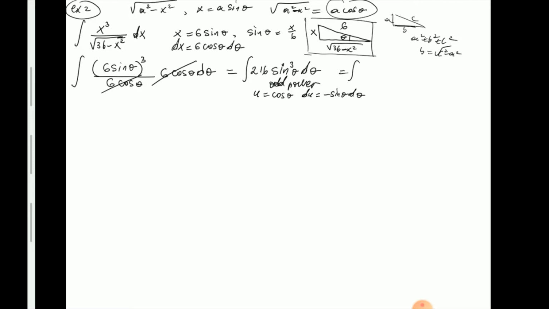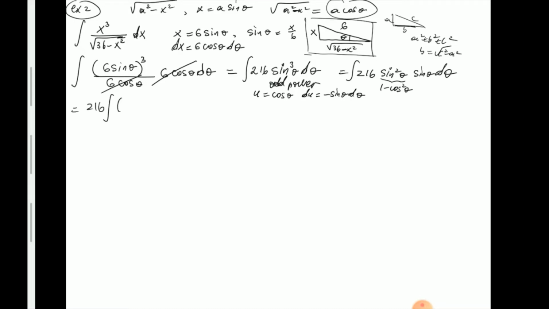So again, go back to the previous section if necessary. The idea is to save separately a factor of sine to account for du, and then the remaining sine squared is replaced with the equivalent in terms of cosine. So 1 minus cosine squared in this case. So this integral, let's pull this 2/16 out.